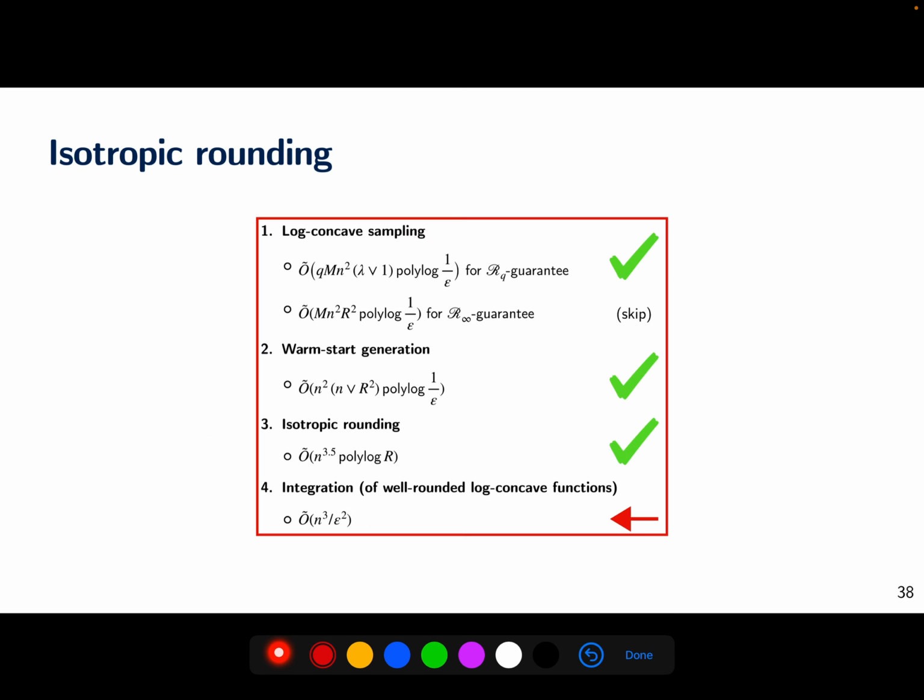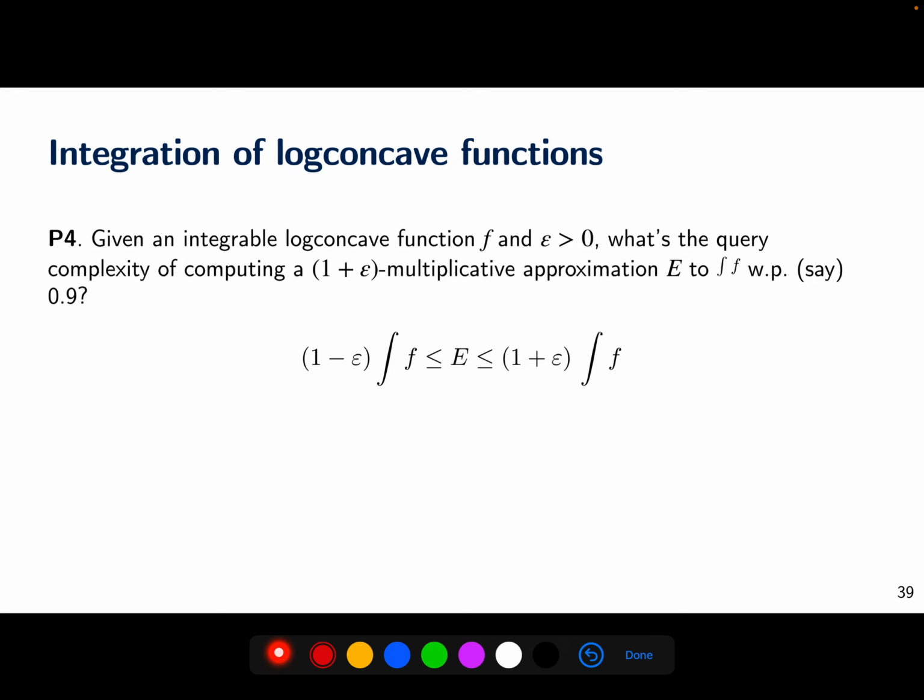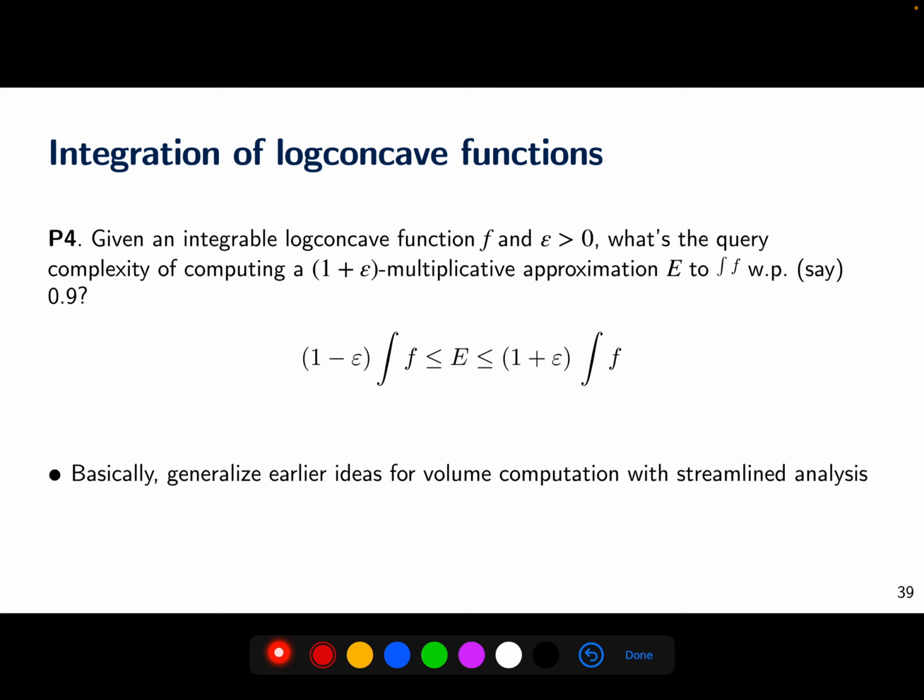Now let's move on to our final problem, integration. This is our question: you want to approximate the integral of f as closely as possible in a multiplicative way. Our approach is to generalize our ideas for volume computation with some streamlined statistical analysis.